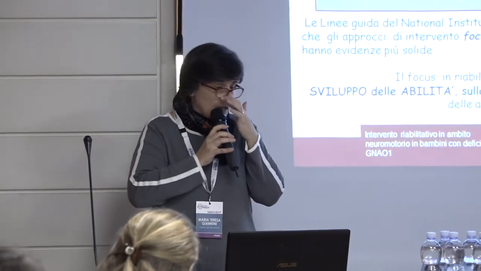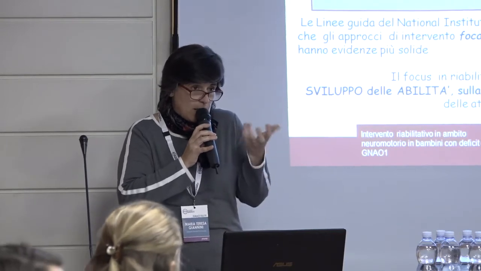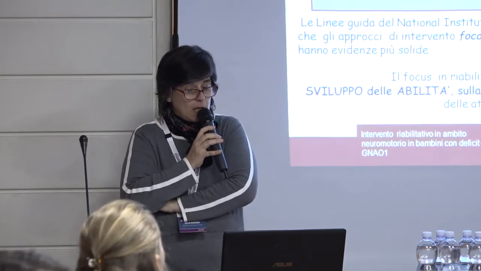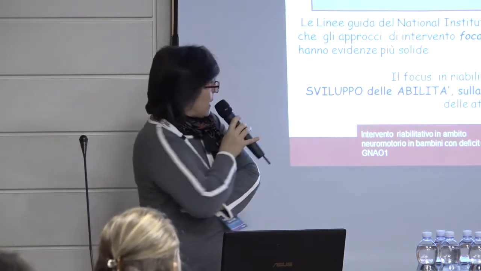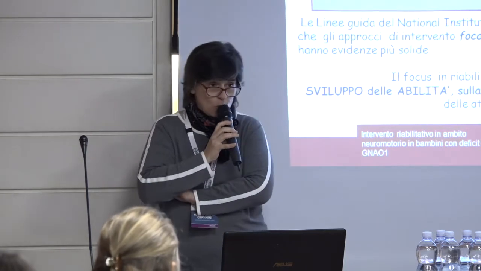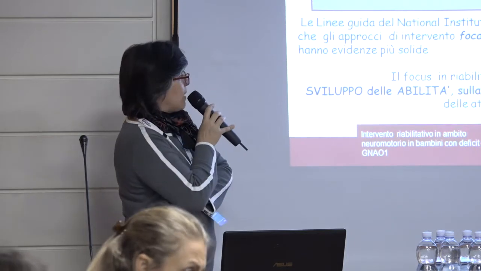I think we can combine the three approaches because none of them alone is complete. So I think that a combination of the three of them is the ideal path to follow. Guidelines explain how it's important to work on the function and not on the deficit.